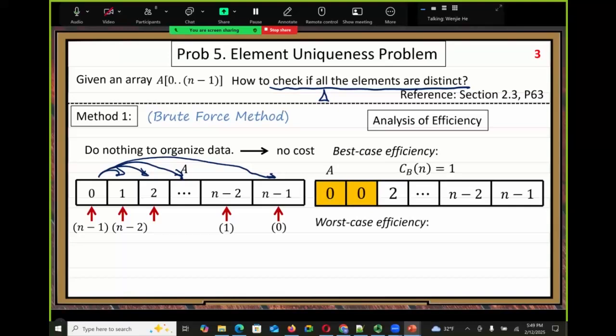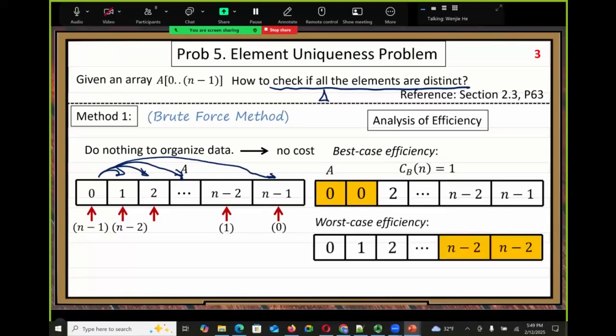The worst case efficiency: think about the last 2 elements being the same, or all distinct. That's also possible. So you get this many, that you need 1/2 times n times (n minus 1) comparisons. Best case, worst case. All right.